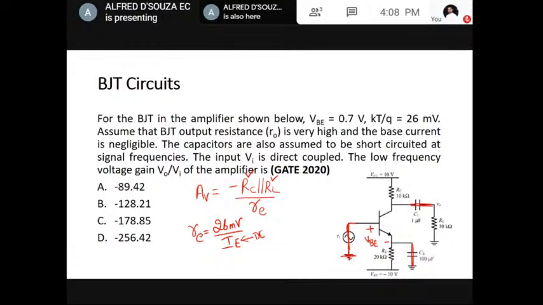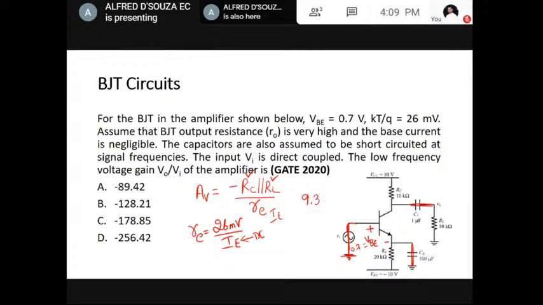I'll not consider AC at all. Now this is minus 10. We have VBE, which is equal to 0.7. So if I take the difference between these two, what I get is 10 minus 0.7, that is 9.3.